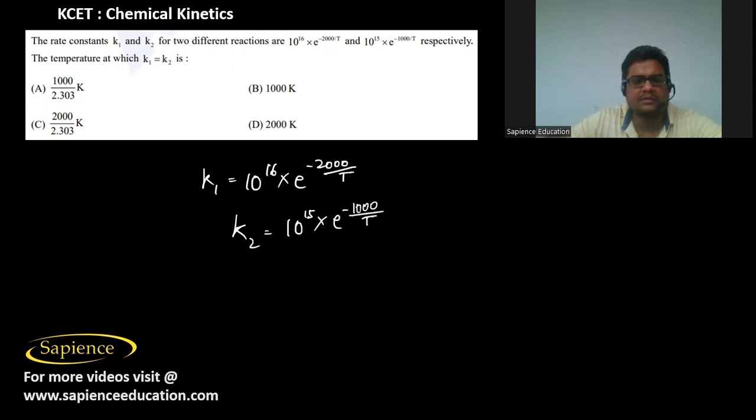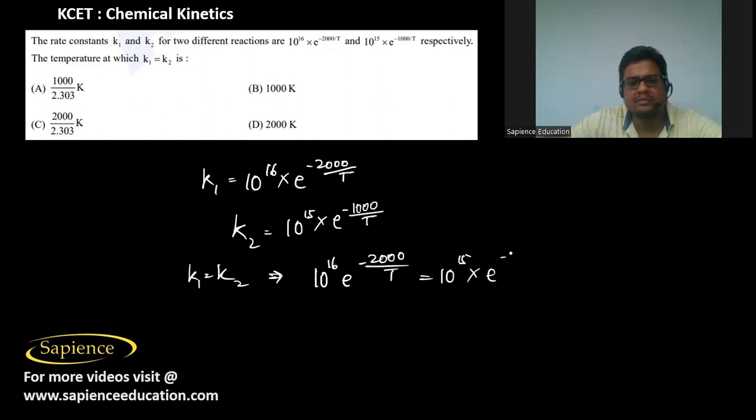Then the temperature at which K1 equals K2 is. So if K1 equals K2, it means that 10 power 16 into e power minus 2000 by T should be equal to 10 power 15 into e power minus 1000 by T.